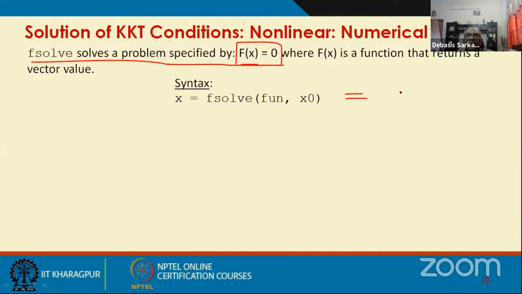It's like f1 equal to 0, f2 equal to 0, f3 equal to 0, f4 equal to 0, and so on and so forth. That means a set of nonlinear equations in x can be written this way, in vector notation. Here x is also a vector.